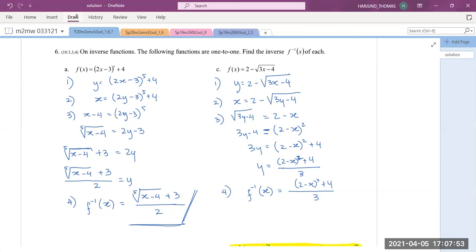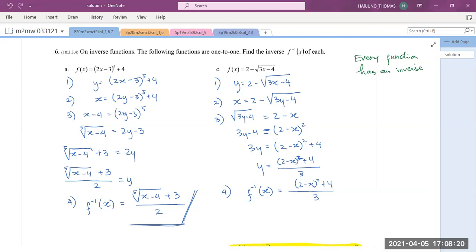Let me write it down again. Every function has an inverse. How to find the inverse of a function? You just swap the x and y, you are done.